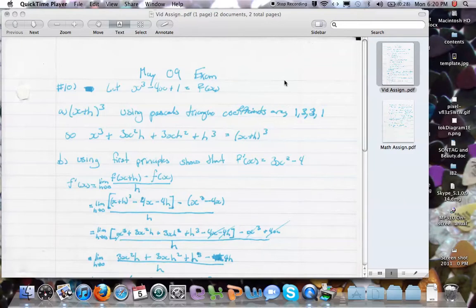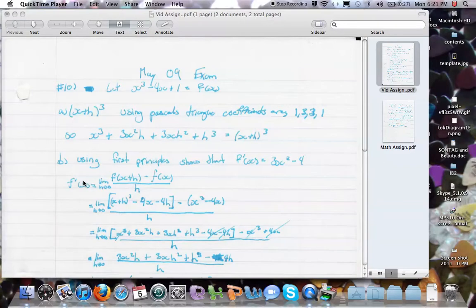Part B asks you to use first principles to show that f prime is equal to 3x squared minus 4, the derivative of the original equation f of x. In order to do that, we're using the first principles formula: f prime of x is equal to f of x plus h minus f of x, all over h. To do this with the x cubed function, we plug in the f of x plus h part, which is what you see in the square brackets: x plus h cubed in brackets minus 4x minus 4h.